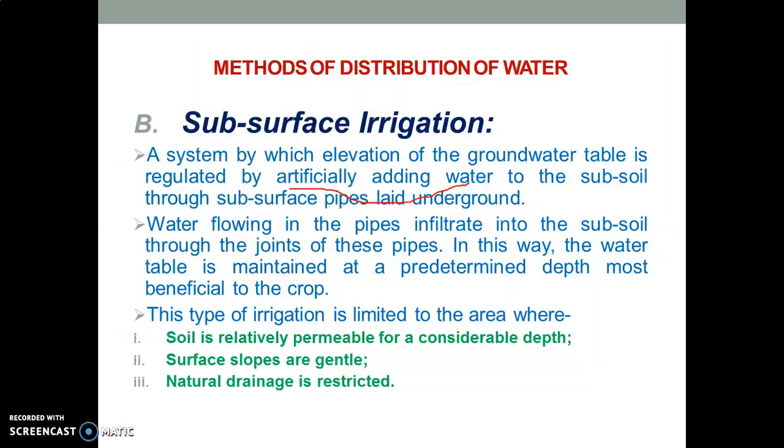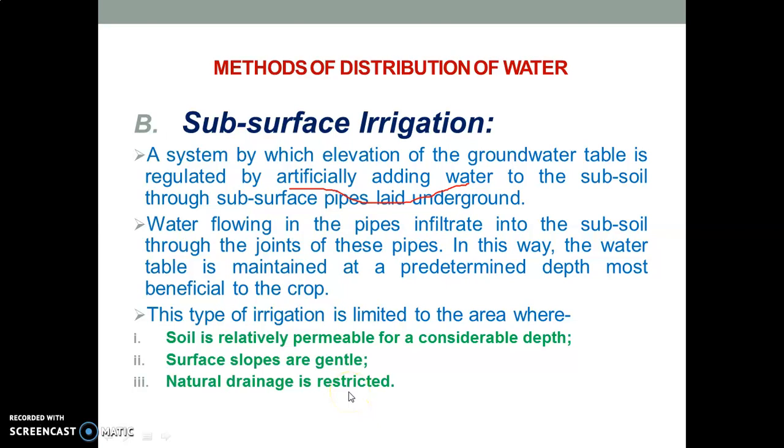Okay, so this type of irrigation is limited to the area where soil is relatively permeable for a considerable depth, surface slopes are gentle and natural drainage is restricted.